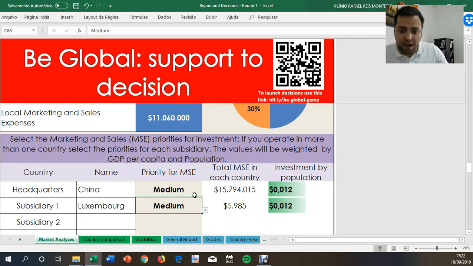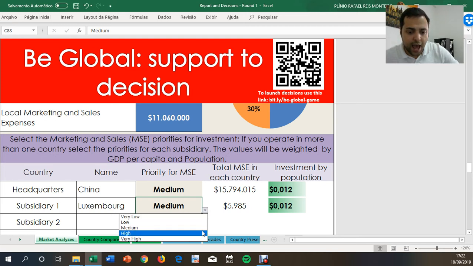And China has a huge population, and as you can see, with the same priority, if you invest 1.2 cents of dollar per each citizen in the country, you need to invest a lot of money there. But let me think that I'm very strong in China, and I don't believe that I'm going to have competition there, and I want to prioritize Luxembourg.